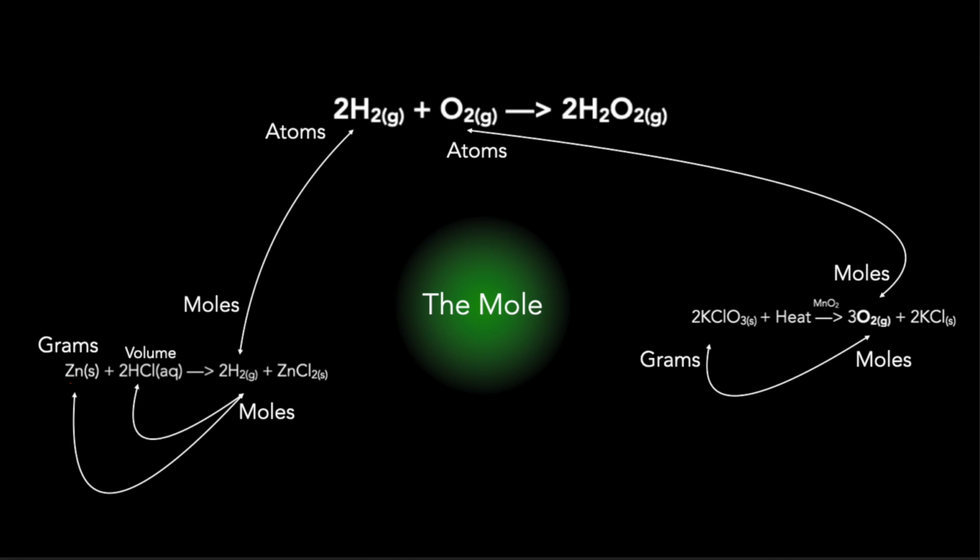The mole was necessary to convert from atoms of hydrogen and oxygen to our moles of hydrogen and oxygen, which then allowed us to convert to our grams of our substances such as potassium chlorate and zinc, and then to our volume of hydrochloric acid we needed to react.